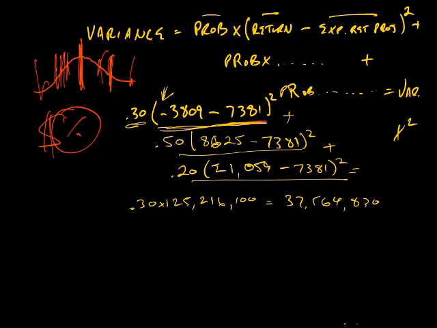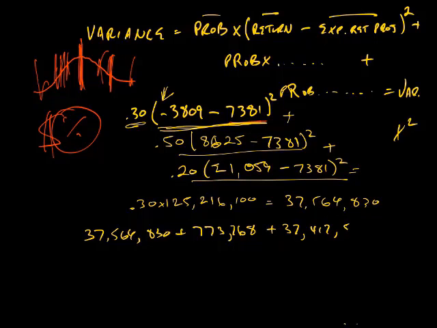And what you'll end up getting is 37,564,830 plus, trying to do the math real quickly here, 773,000, that's 768, plus 30, another 37,417,000,536.